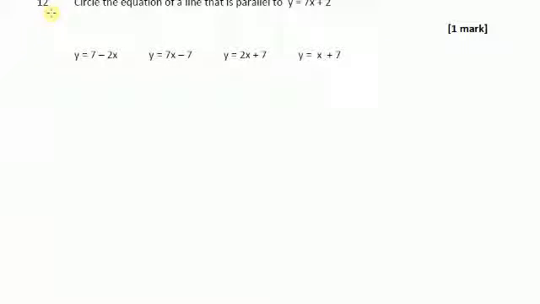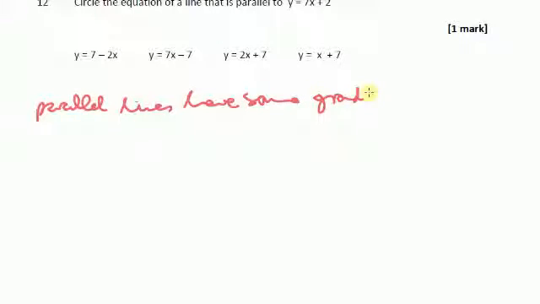Question 12. Circle the equation of a line that is parallel to y equals 7x plus 2. So lines which are parallel have the same slope, or the same gradient, as we call it.